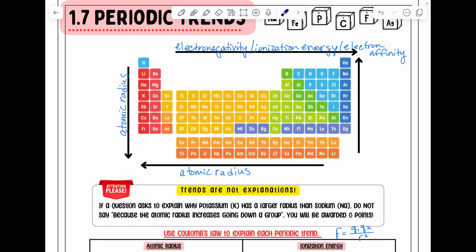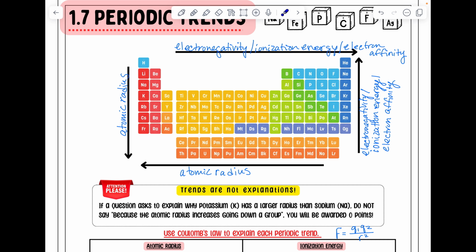Now the last thing is that the electronegativity and the ionization energy and the electron affinity will increase as you go to lower energy levels.